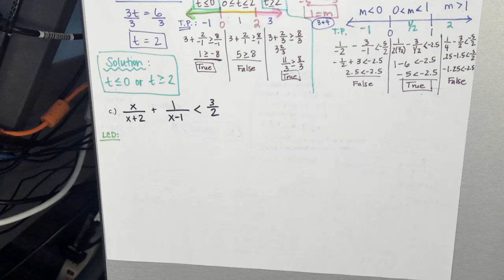And then once you find your LCD, set it equal to 0 so you can find the restrictions.